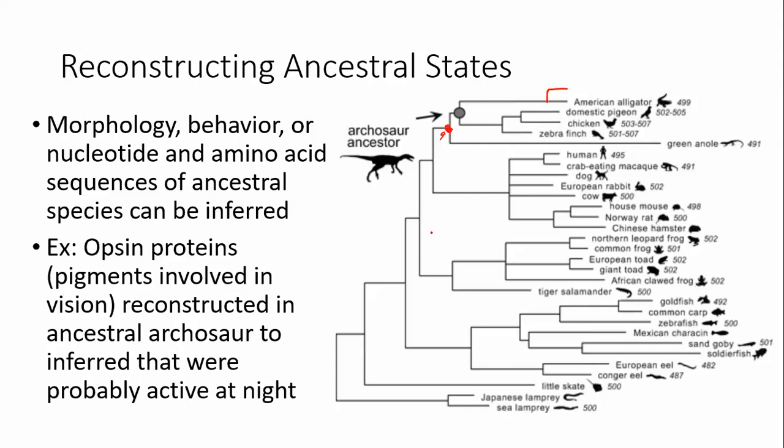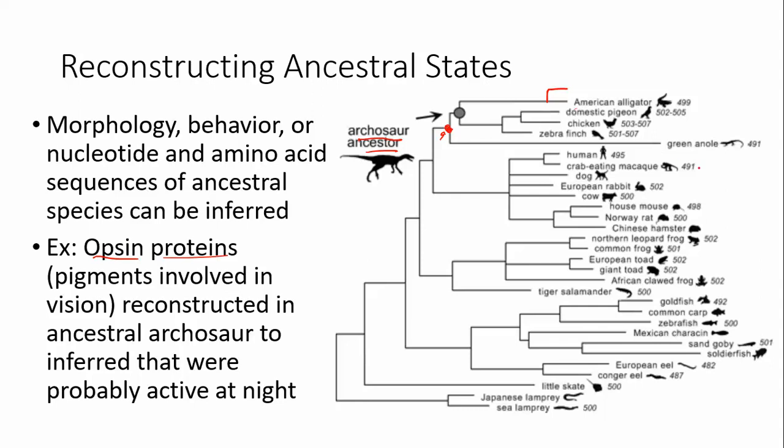There's a lot of information we can get from the fossil record. Unfortunately, there's a lot of behavioral evidence and information that we just can't get. So one thing that was done was that opsin proteins, which are some of the pigments involved in vision, were reconstructed by looking at the opsin proteins in a group of related organisms. So this is the ancestor of archosaurs.